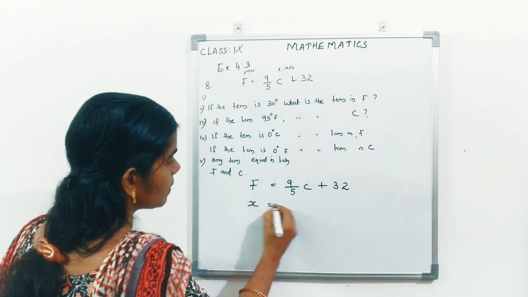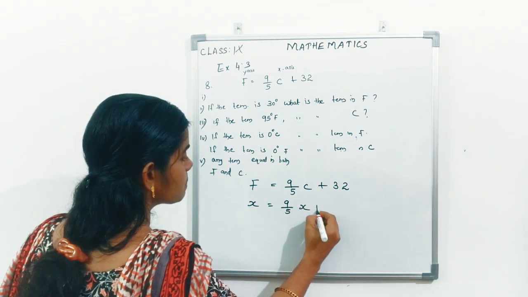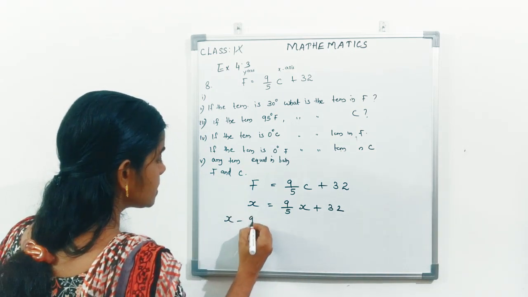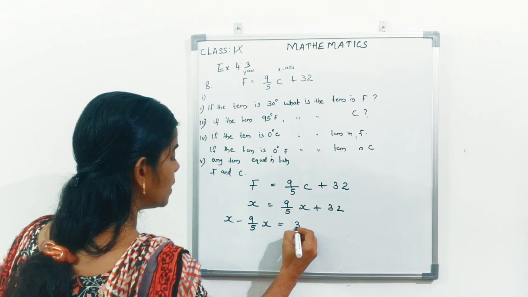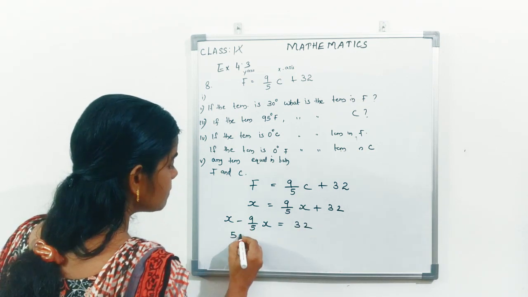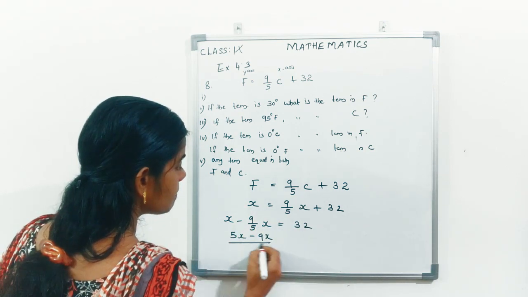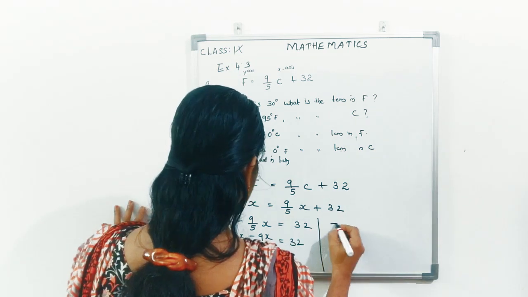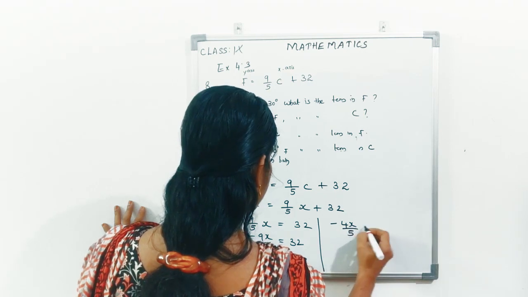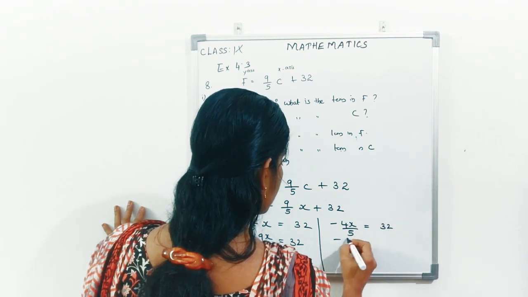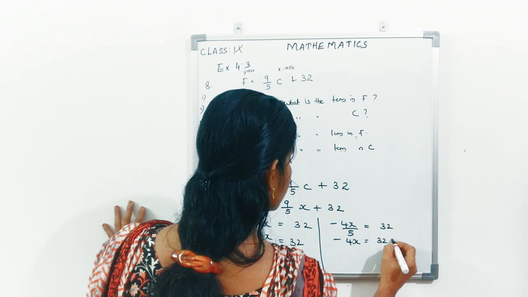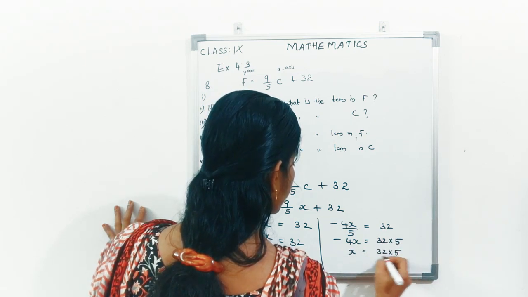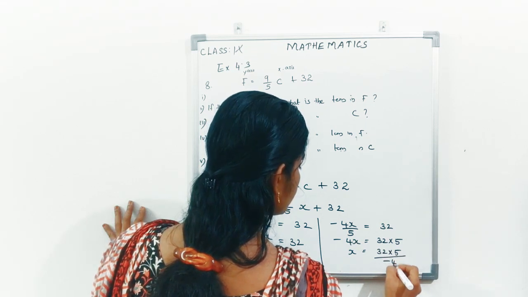Then X is equal to 9 by 5 X plus 32. Then X minus 9 by 5 X is equal to 32. We are multiplying: 5X minus 9X by 5 is equal to 32. Then minus 4X by 5 is equal to 32, minus 4X is equal to 32 into 5, X is equal to 32 into 5 by minus 4.